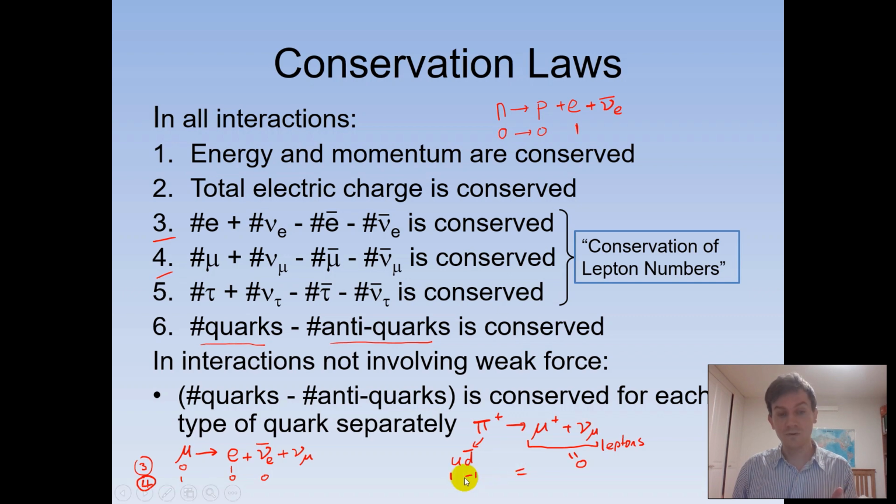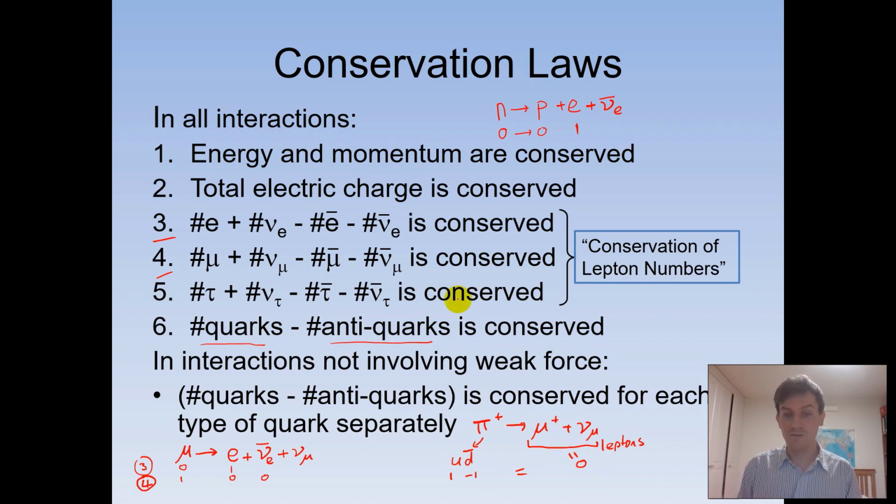Okay, so you could do something similar to 3, 4, and 5 here, looking only at up quarks, or looking only at down quarks, or looking only at charm or strange quarks separately. Okay, but in this case you can see that that doesn't work, because here we have one up quark on the left hand side which is destroyed on the right hand side, and here we have an anti-down quark on the left hand side which again disappears on the right hand side.